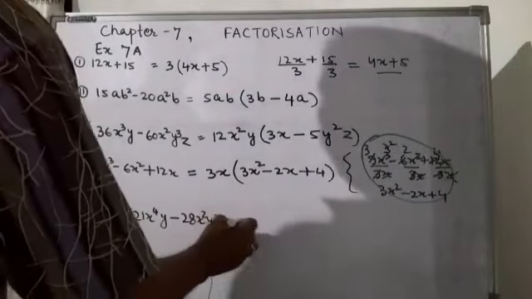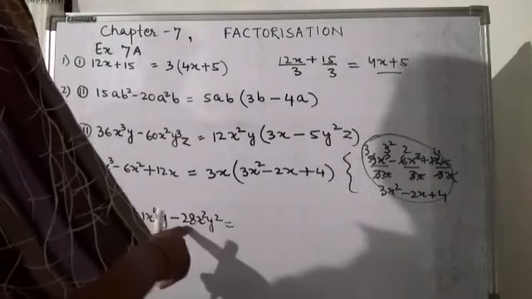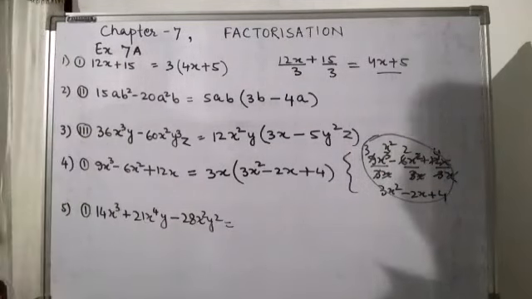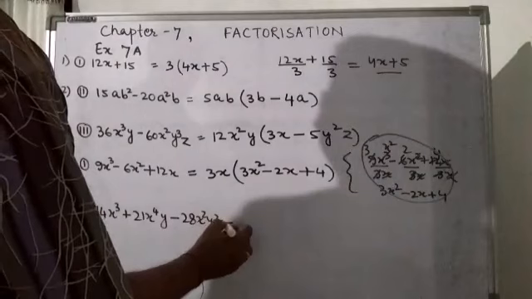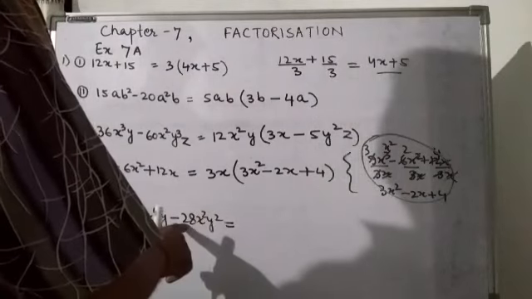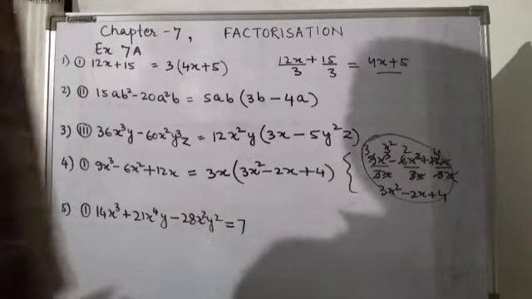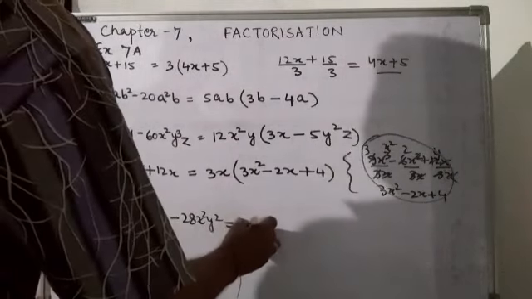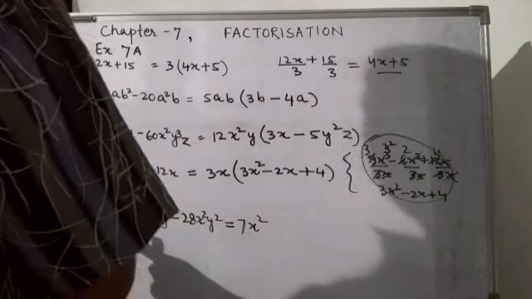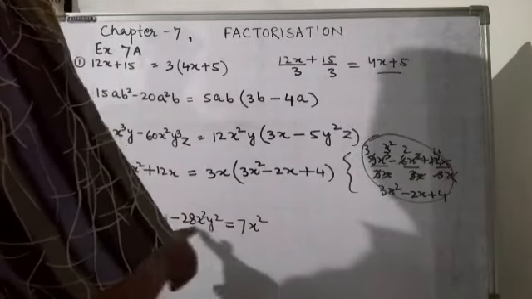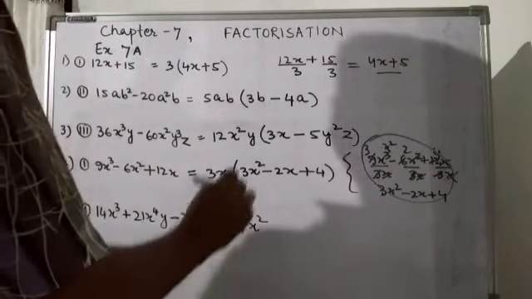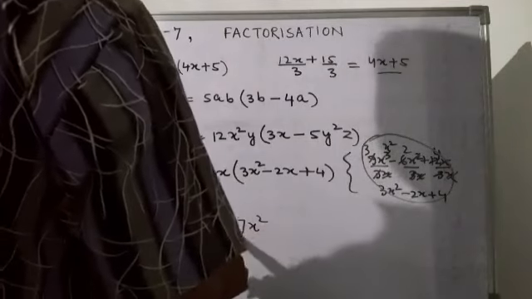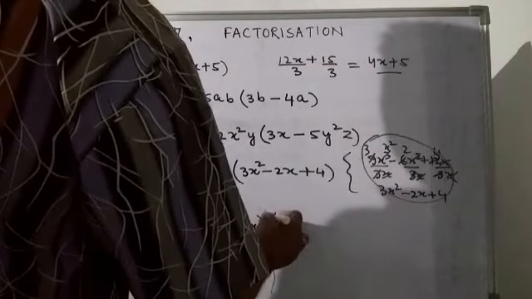Now the next one, 14, 21. First of all we have to take the numerical coefficients, that is 14, 21 and 28. The common factor is 7. Now x cube, x to the power 4, x square: that is x square. Here y is present in only two terms. So the highest common factor becomes 7x square.